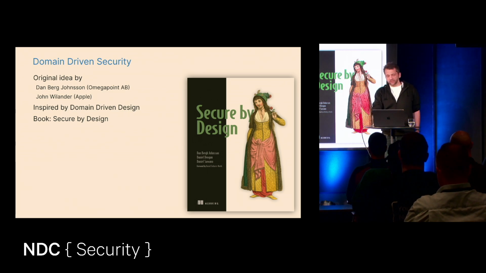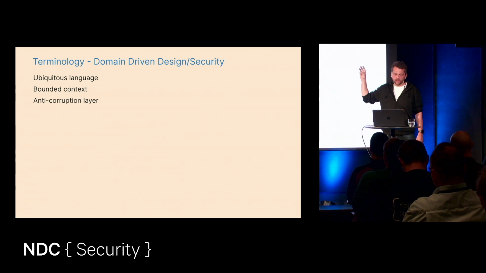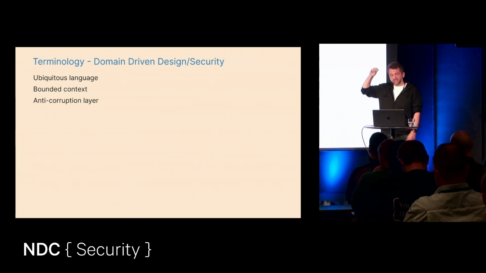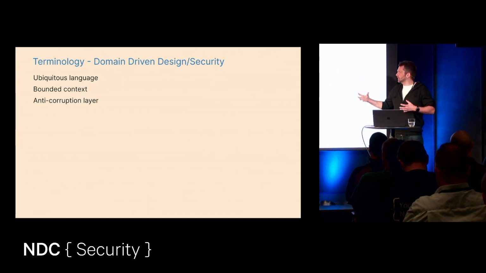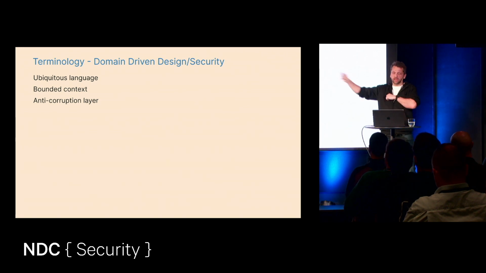I mentioned domain-driven design. For those of you who are not fluent in domain-driven design, I'm going to just mention three terms that are often used in domain-driven design. We have a ubiquitous language, which is like a language that we use within a company or in a certain part of a company where we have specific words with a specific meaning that may not mean anything to someone or may mean something completely different to someone outside.